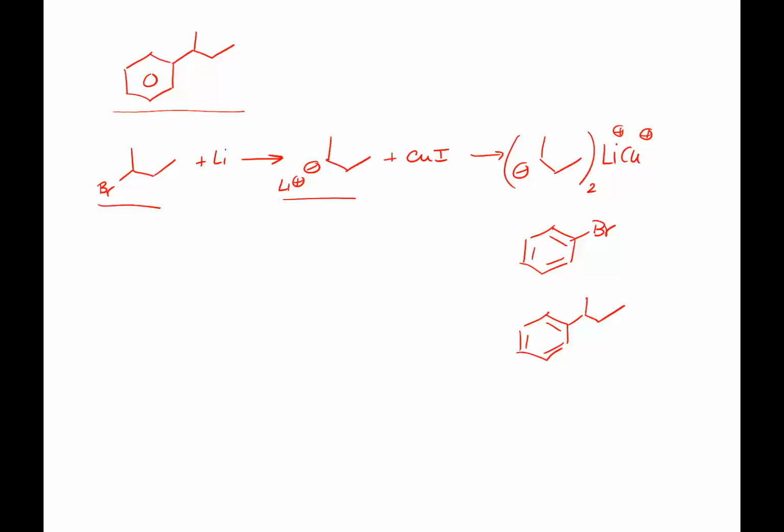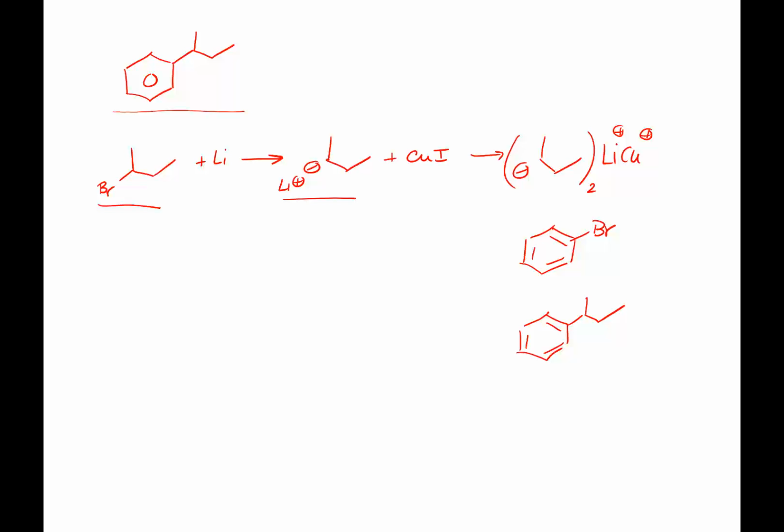So remembering, hopefully, a little bit more about the lithium cuprate reagent, what we can now do is we can actually sort of broaden our perspective here. When you're a synthetic chemist, you want to come up with methods that will let you add groups, and you want the broadest sense of groups that you can put together.